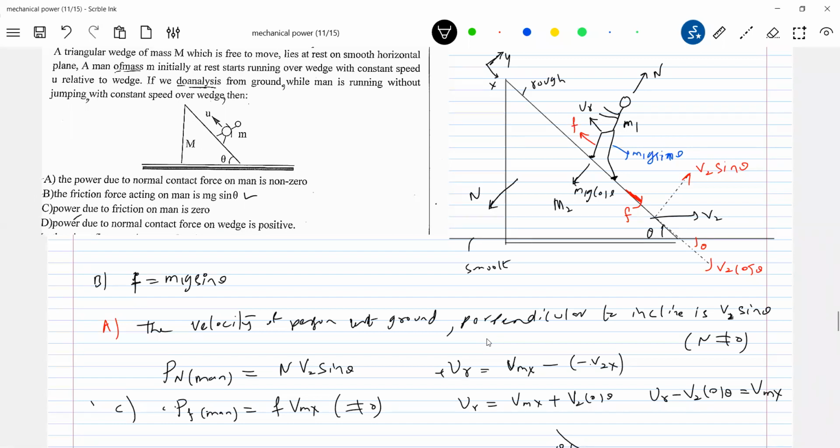So therefore, the velocity along the common normal must be equal. Go back to laws of motion. That is what I applied here. You can do it another way: find the velocity of the person with respect to ground, find the velocity of the wedge, then resolve the velocity of the person perpendicular to the incline. It will kill your time. Always search for any other alternatives available.